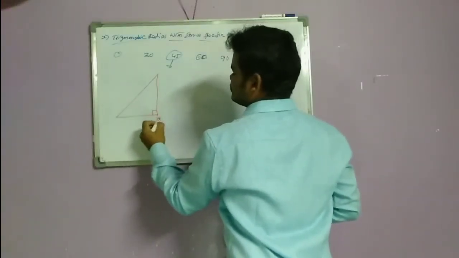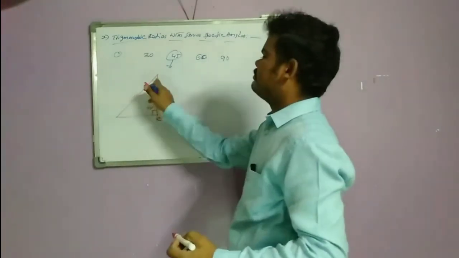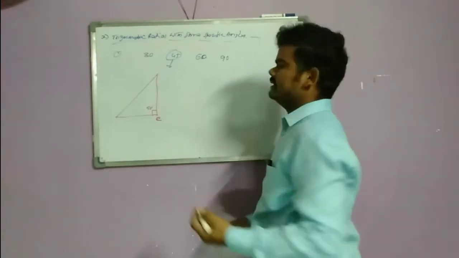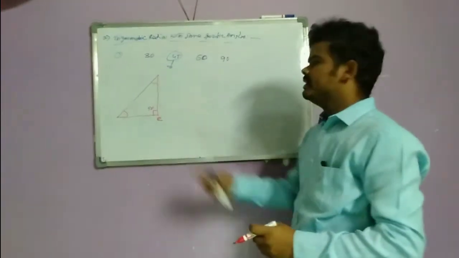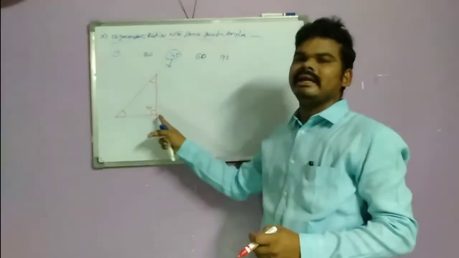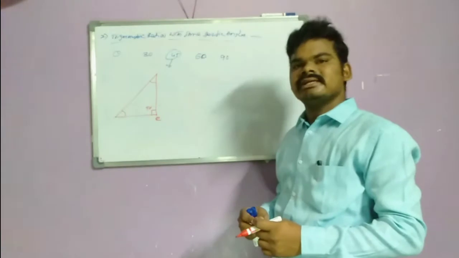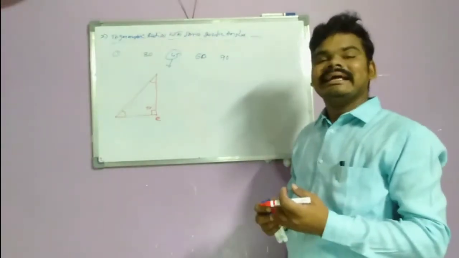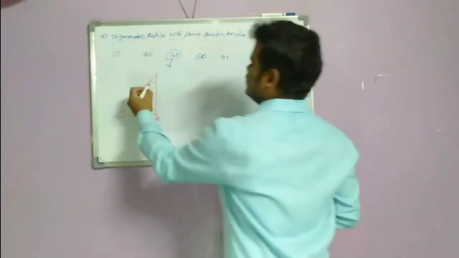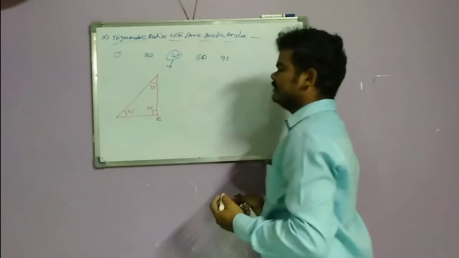One angle must be 90 degrees. The sum of the other two angles is 90. One angle is 45 degrees, the other angle is 45 degrees. If two angles are equal in a triangle, then that triangle is called an isosceles triangle. If it is a right angle triangle, then we call it a right angle isosceles triangle. Here is 45 degrees, here is also 45 degrees.